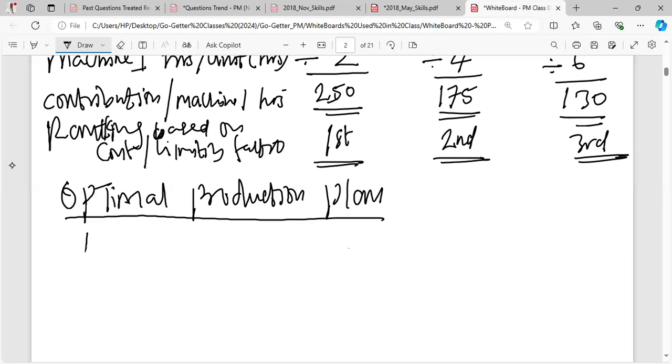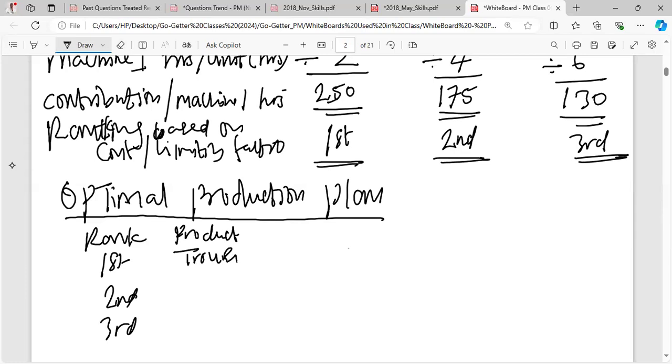Let me say rank: first, second, and third. So you will now say product. This is trouser, jacket, and skirt.